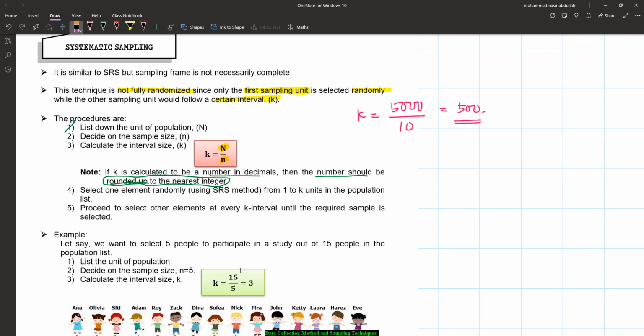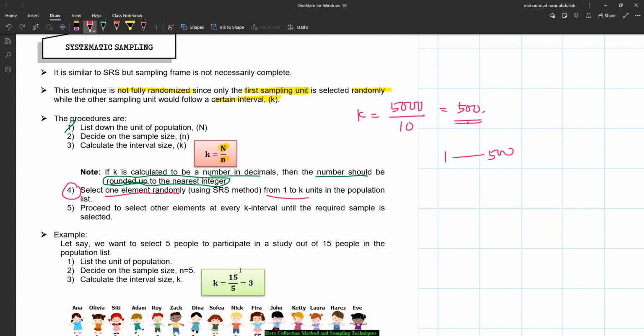And then step number 4, select one element randomly using a simple random sampling method from 1 to K units in the population list. Right? Daripada let's say this one 500, so daripada 1 hingga 500, kita mesti mencari random sample. Right?